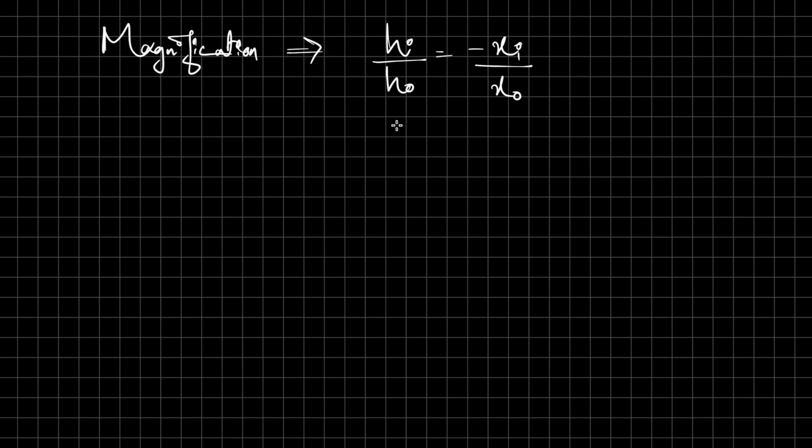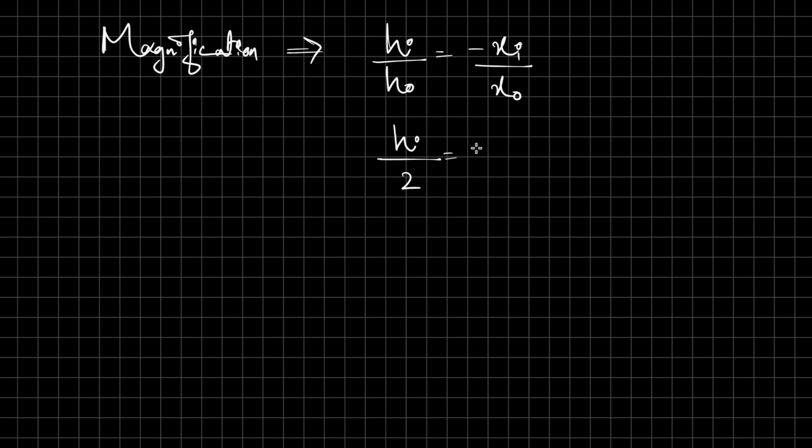Now let's find the height of the image. We're going to use the magnification equation. hi over ho is equal to minus xi over xo. Height of the image is unknown. I'm going to keep it like that. Height of the object is 2 centimeter. Image distance is 15.